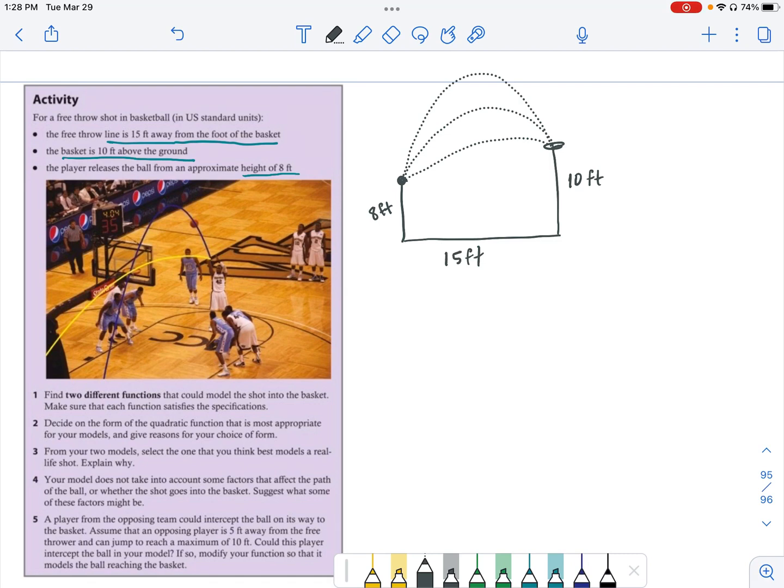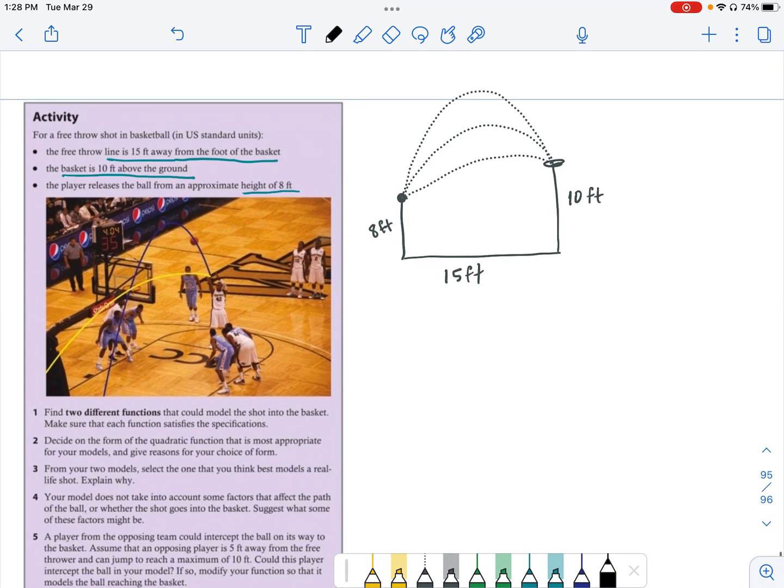and we have some techniques to find the equations of parabolas on a coordinate plane, let's turn this into a coordinate plane. So let's make the player standing on the origin. So the ball leaves the player's hand at 8 feet. In other words, the point at which the ball leaves the player's hands is (0, 8).